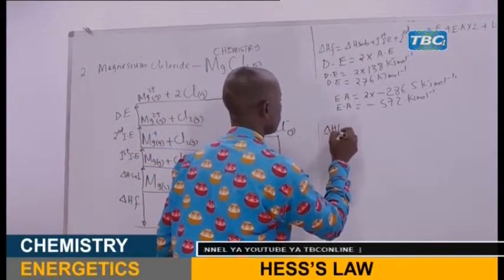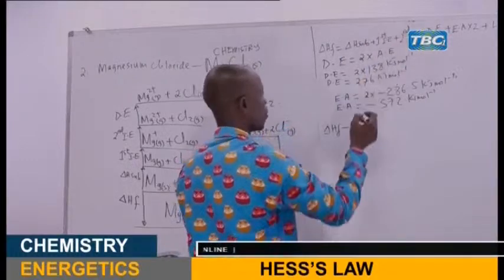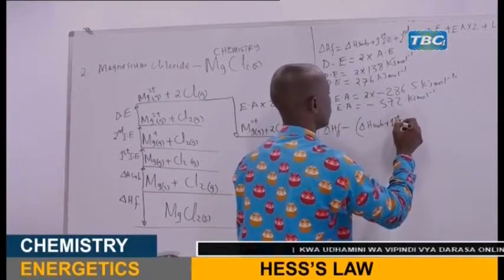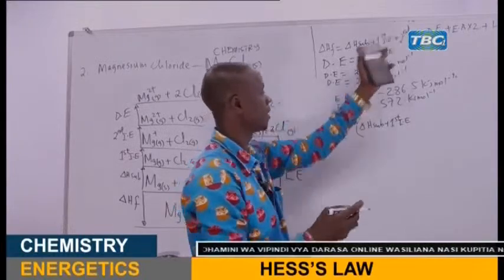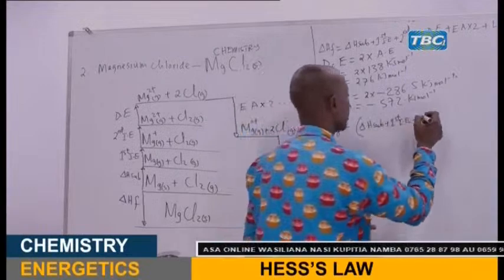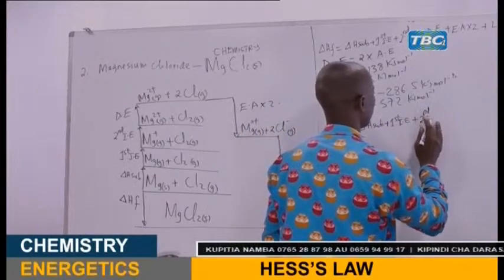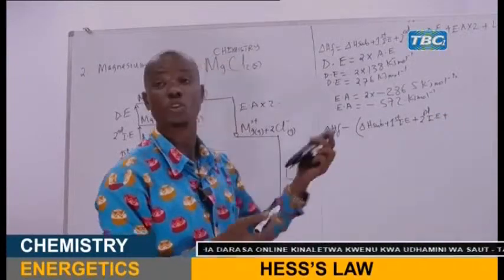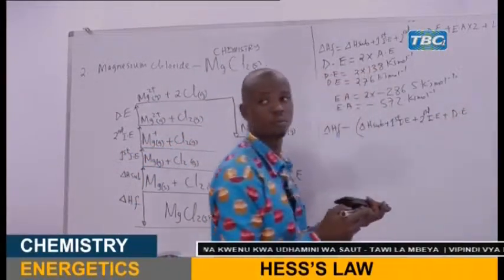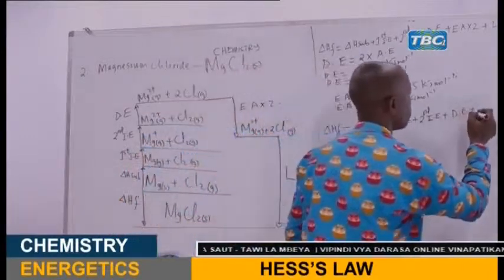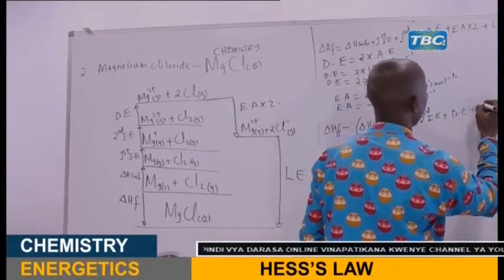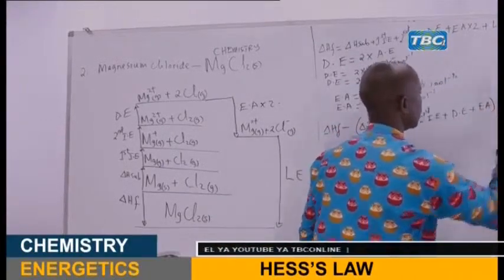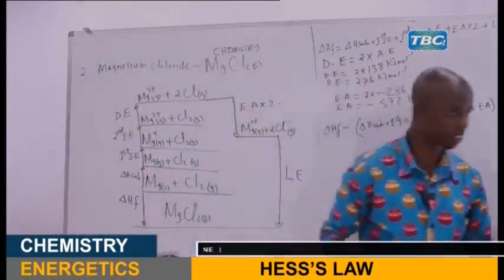So here, the enthalpy of formation minus, in bracket, enthalpy of sublimation plus first ionization energy as given here plus second ionization energy plus dissociation energy plus electron affinity, this one, equals lattice energy. Now, because you have the data here, my dear students, you have the data here.